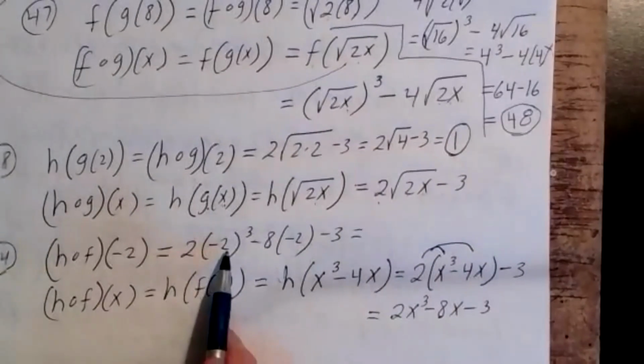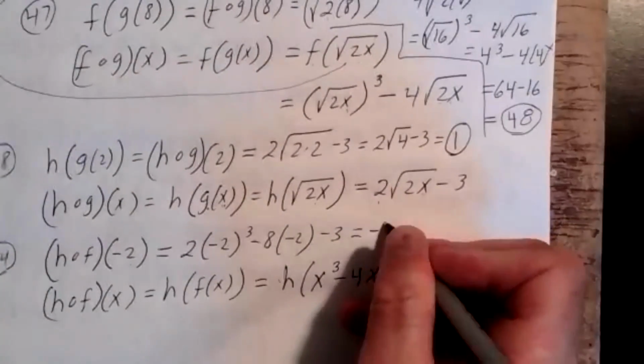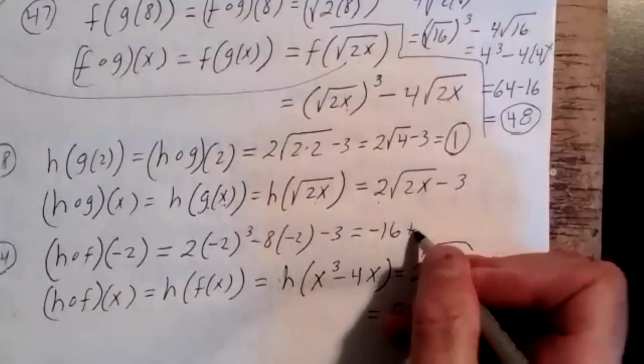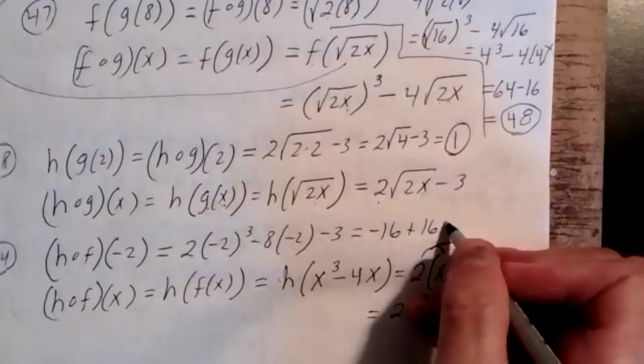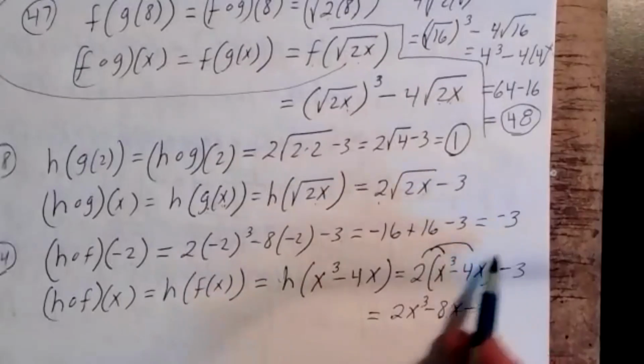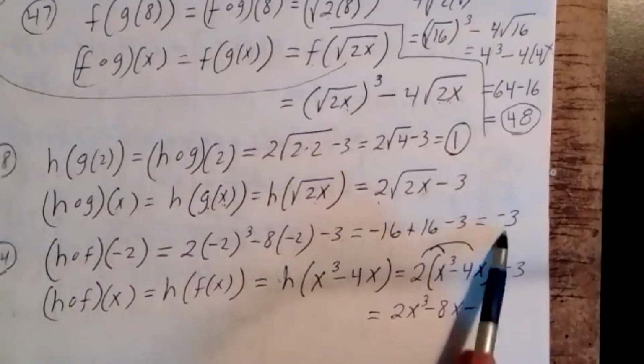What's -2 cubed? -2 times -2 times -2, that's -8. And -8 times 2 is -16. Minus 8 times -2 is +16. Minus 3. Answer is, ladies and gentlemen, -3. So that's what H composed with F of -2 would be. It would be -3.